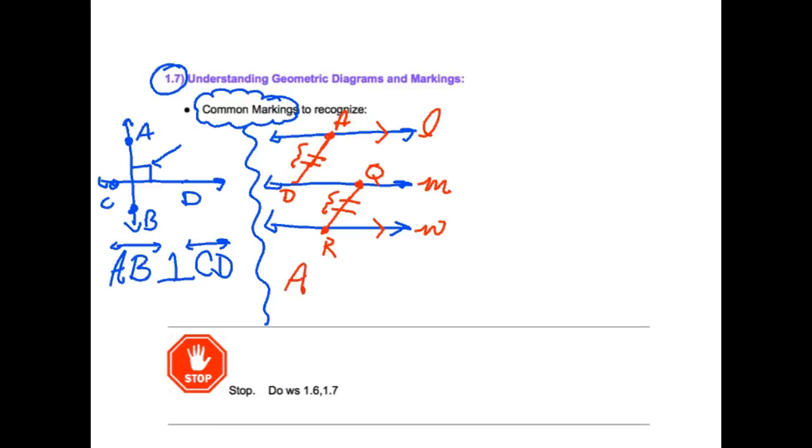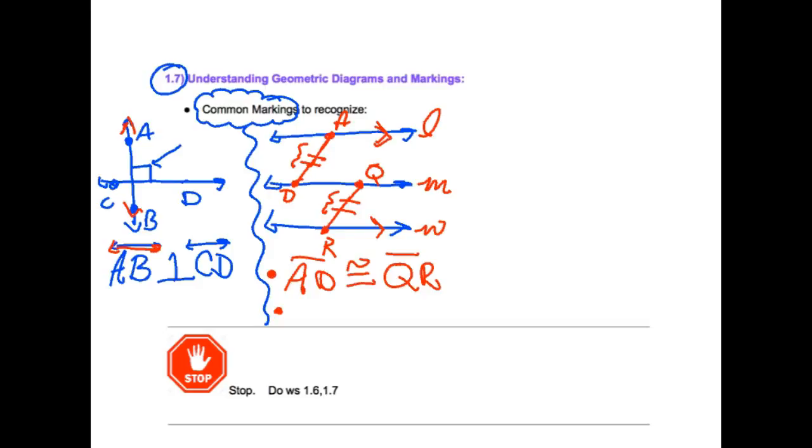So I could conclude that segment AD, notice my notation, that's a segment because it ends. Over here, these were lines because they went forever. I can conclude that segment AD is congruent to, and this is our symbol for congruence, it's an equals with a little squiggle over it, is congruent, which means the same length as QR. That's one thing I can conclude from those markings.